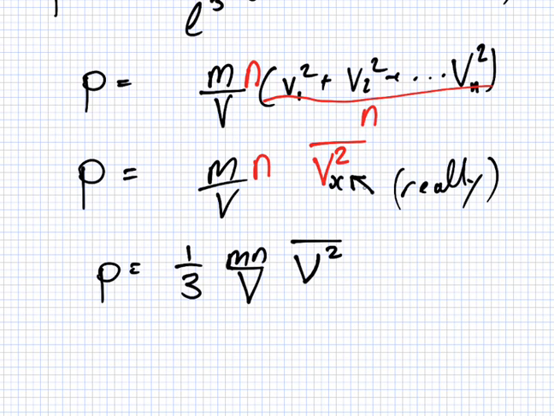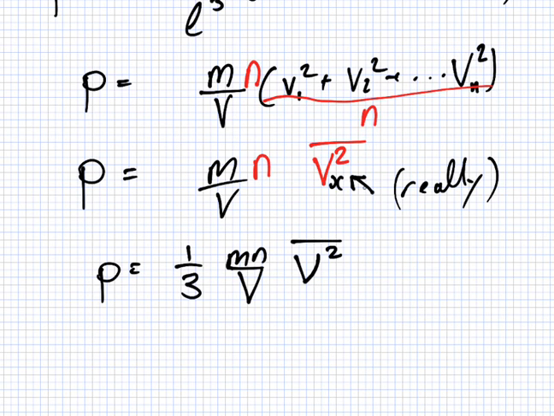So all this time, I was only looking at Vx's hitting the wall. But in reality, the gas is moving in many different directions. So the result is, I basically have to divide by this 3, so it's not as big as I originally had it. Okay, so going on.